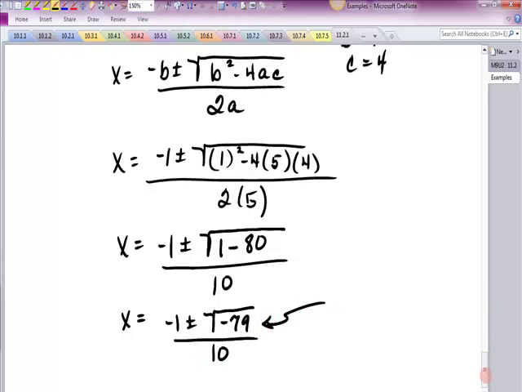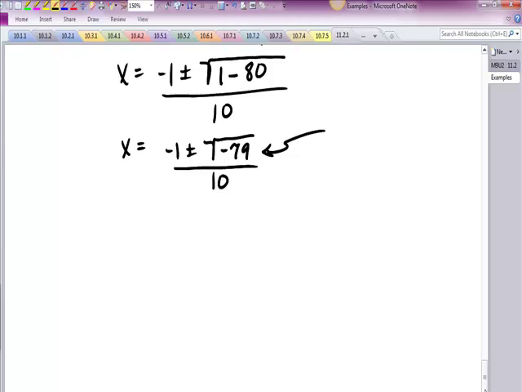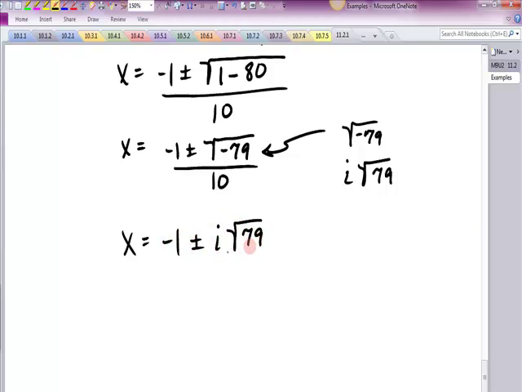Can you simplify that radical? You can a little bit. The square root of negative 79 is i times the square root of 79, which cannot be simplified any further. So x is equal to negative 1 plus or minus i square root of 79 over 10.